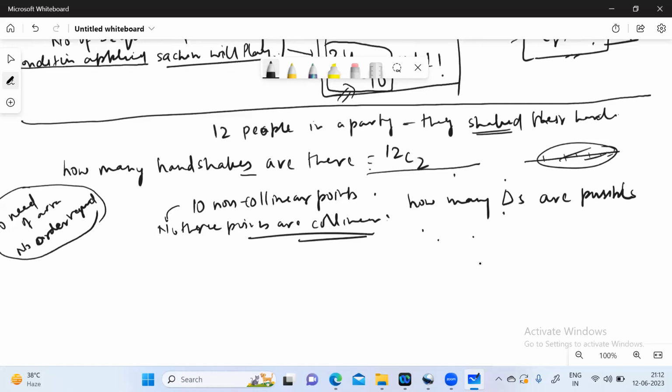So here you can find the number of triangles by 10C3, because no order or arrangement is required for a group of 3 points. A group of 3 points will always give one triangle, not any other. Okay, so this is how we use permutation and combination.